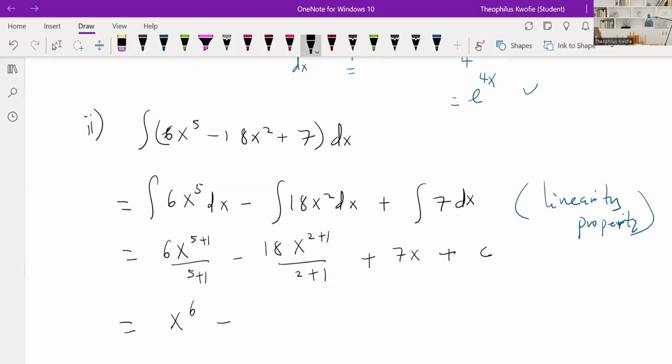That gives us 9x to the power 3 plus 7x plus c. So that will be our result.